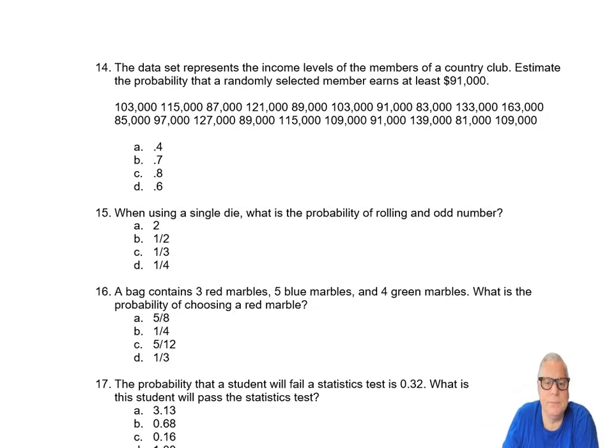The data set represents the income levels of the members of a country club. Estimate the probability that a randomly selected member earns at least 91,000. Okay, again, how many do we have? 1, 2, 3, up to 20. Okay, how many have 91 or more? This one, this one, this one, this one, 91 or more.